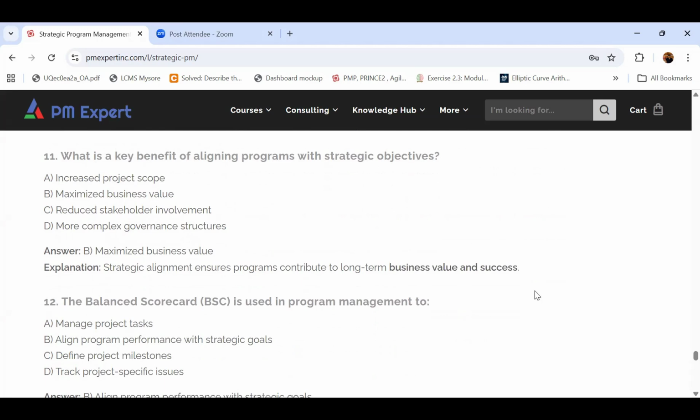Now, the balanced scorecard is used in program management too. See, balanced scorecard is also a tool which is mentioned in your exam content outline. Now, what is a balanced scorecard? Have you heard about balanced scorecard, guys?